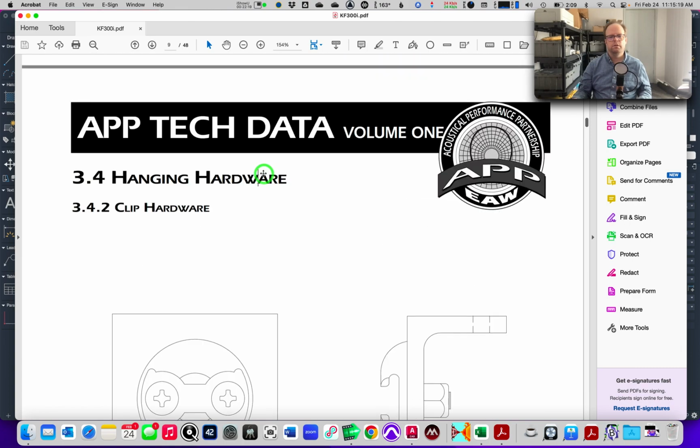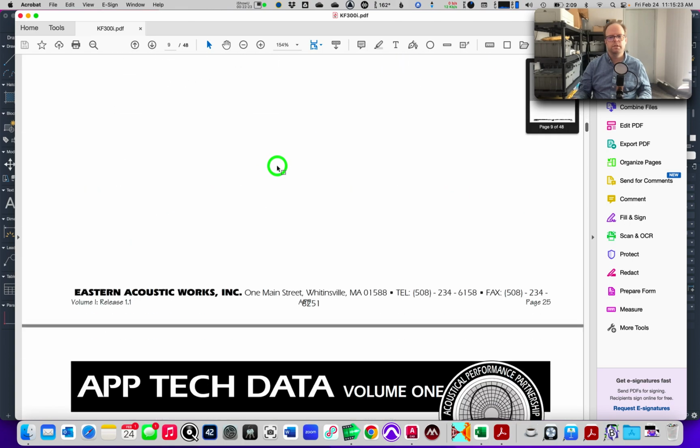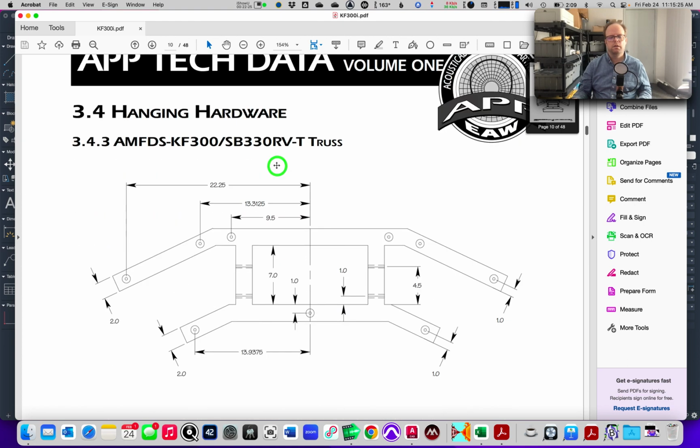And what it does is it allows you to put a SB330 sub here in the middle and then a KF300 on either side. And they're angled 45 degrees off axis to either side. Now what that does is we know that this loudspeaker is, generally speaking, 6 dB quieter when you go 45 degrees to either side.